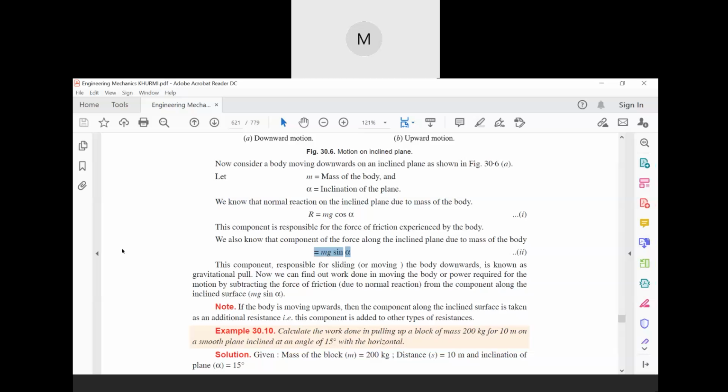This component is responsible for the frictional force that is experienced by the body. Okay? And due to the inclined plane, this will be mg sine alpha, the component responsible for sliding or moving the body downwards. This is known as gravitational pull.